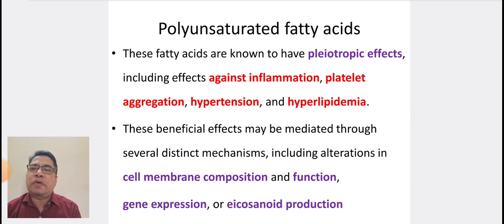These fatty acids are known to have pleiotropic effects, including effects against inflammation, platelet aggregation, hypertension, and hyperlipidemia. These beneficial effects may be mediated through several distinct mechanisms, including alterations in cell membrane composition and function, gene expression, and eicosanoid products.